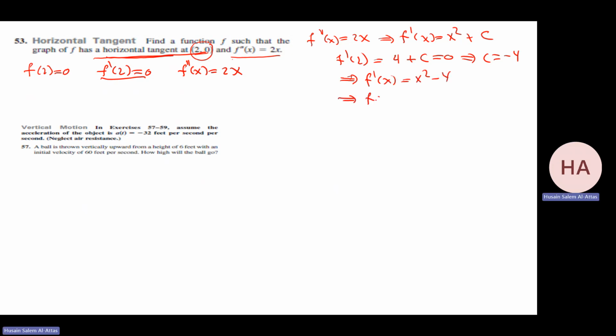What will be my f of x? F of x will be x cubed over 3 minus 4x plus d. They have this f of 2 equals 0. So f of 2 is 8 over 3 minus 8 plus d. That should be equal to 0. So d will be what?